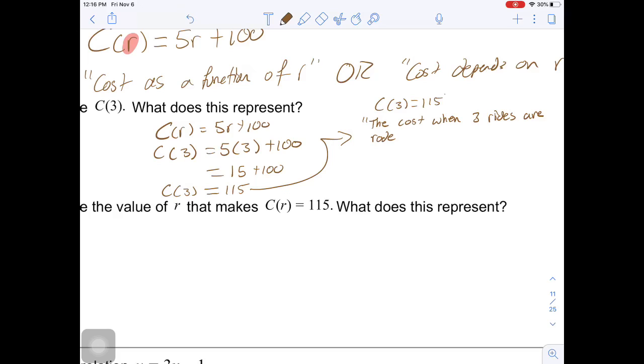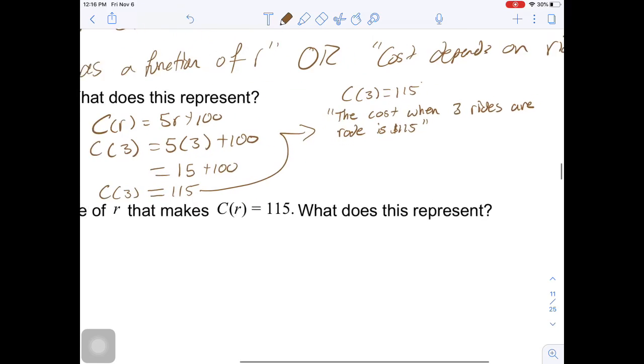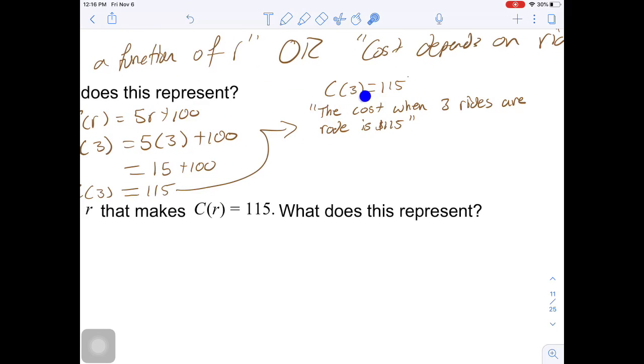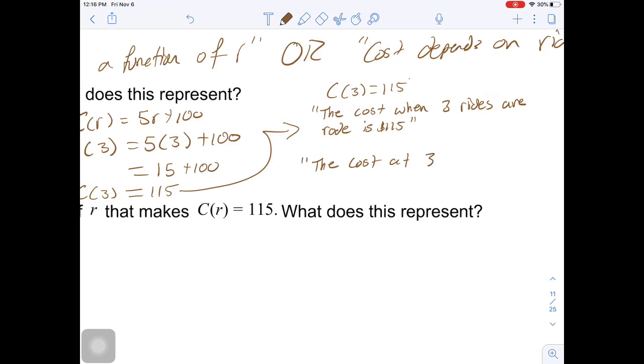The cost when 3 rides are rode is $115. Okay, so that's what this represents. C at 3 equals 115. So the cost at 3 rides is 115.